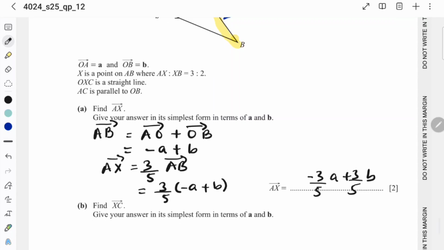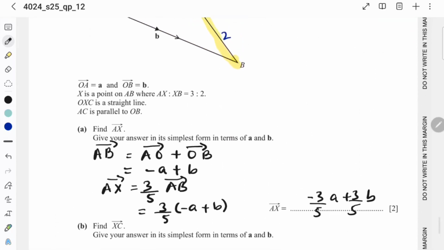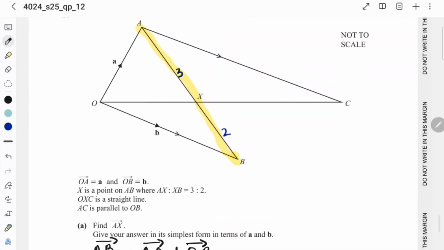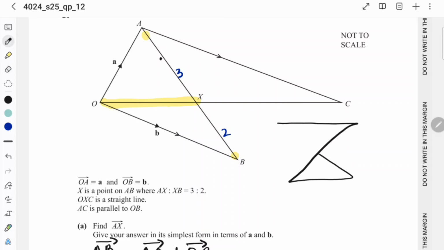Okay, part B, XC, and XC is of 3 marks. XC is required. So XC is the other line, and we don't know anything about that line. If this is, for example, the ratio 3, I'll have to make the top one bigger just to explain this. 3 is to 2.